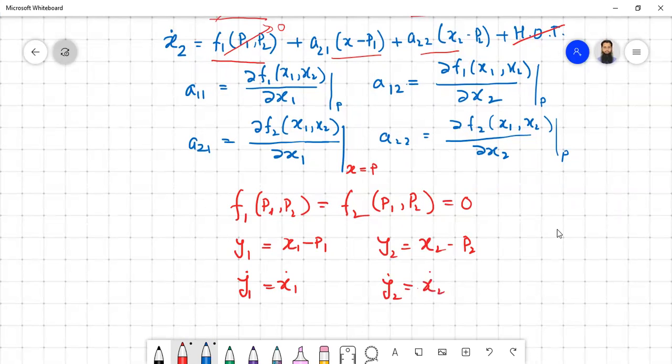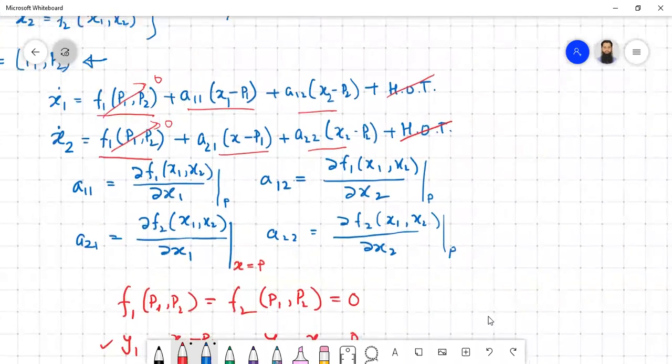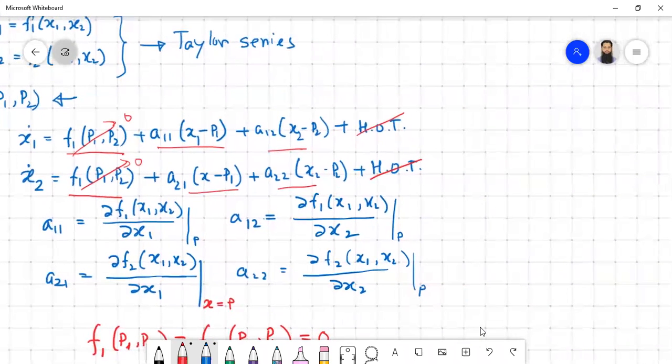Now if you replace these into the equations, what we get is y1 dot equal to x1 dot equal to a11 y1 plus a12 y2.